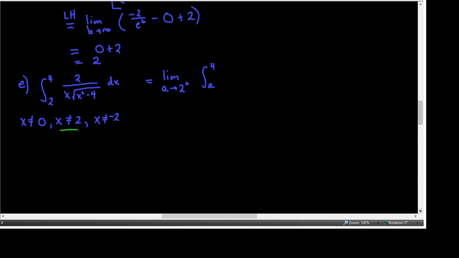Let me see, that 2, I guess I could go ahead and pull that out right now. That's fine. Let me do that. 2. All right, so 1 over x square root of x squared minus 4.